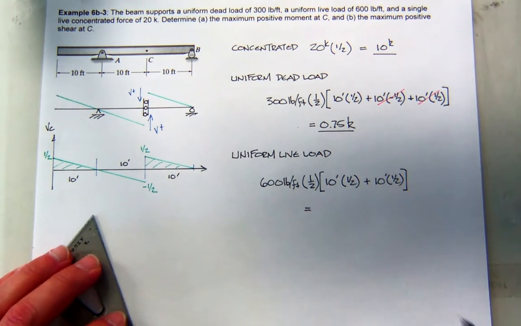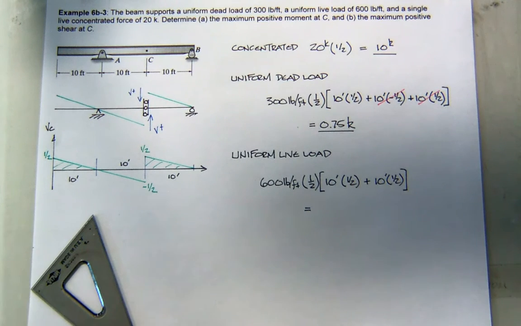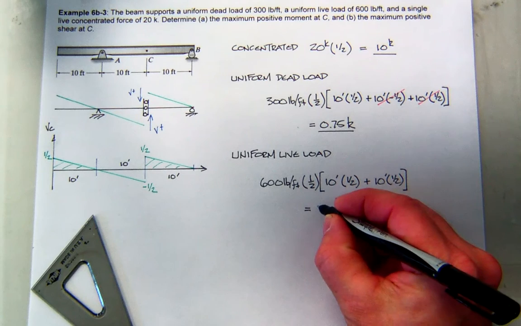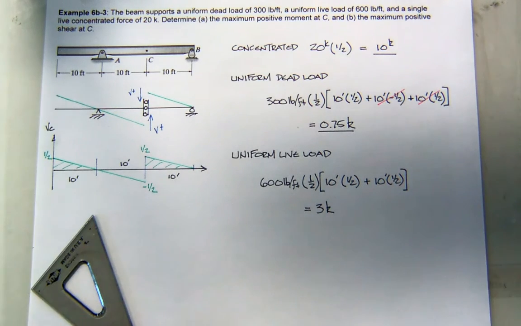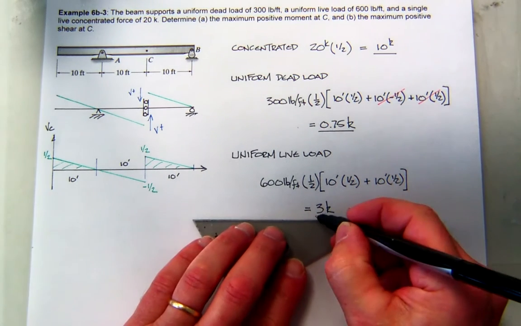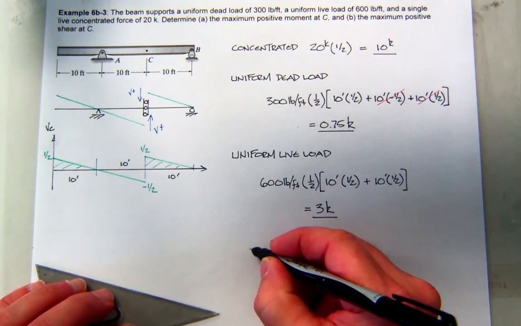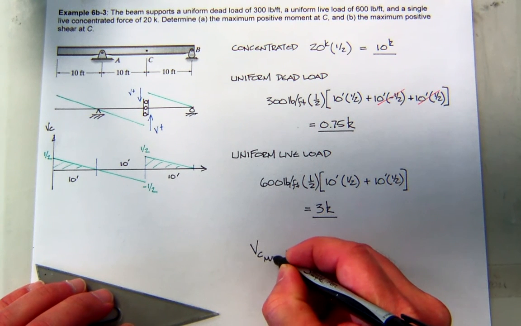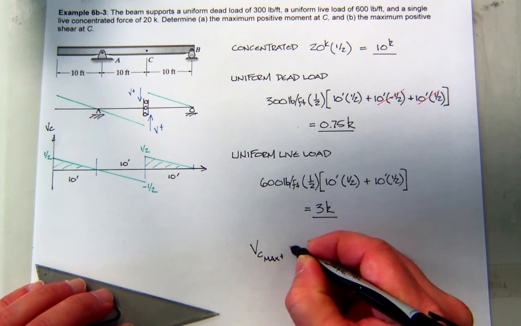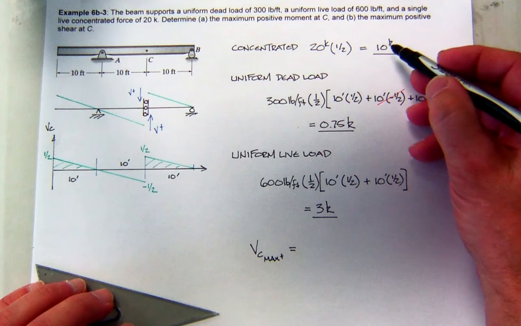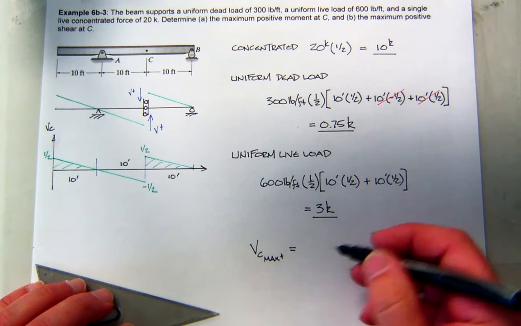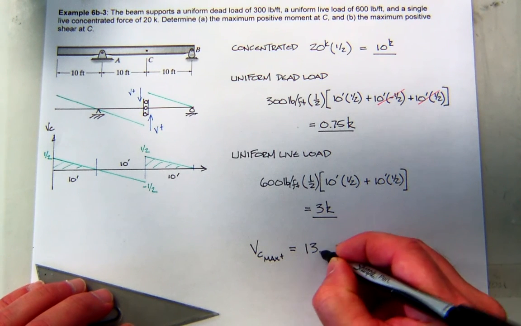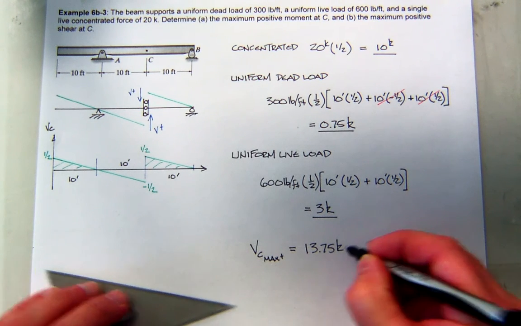If you calculate that, 5 times 600 gives 3,000, so that becomes 3 kips. Put that all together and you get shear at C max positive. You'll just add these up: 10 plus 3 plus 0.75 is 13.75 kips.